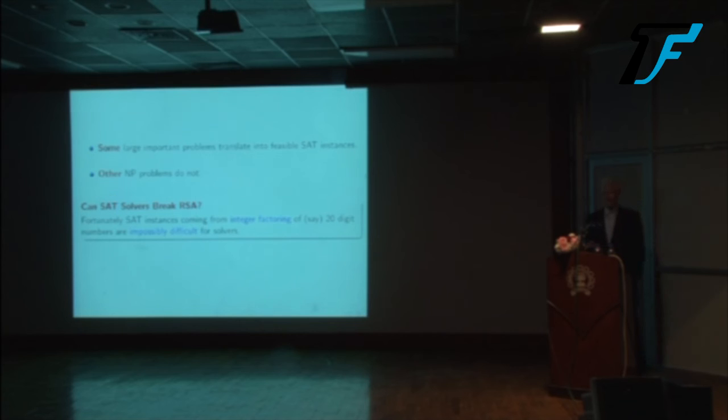In particular, if you try to reduce a factoring problem to the satisfiability problem, the SAT solvers choke. They can't factor. That's not a way of factoring numbers, at least.